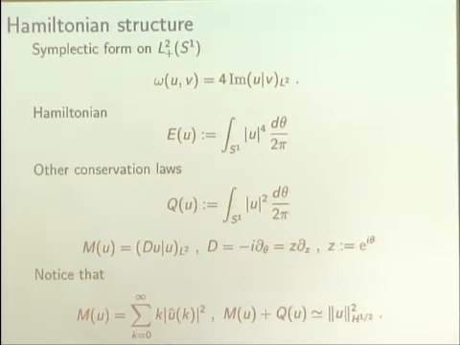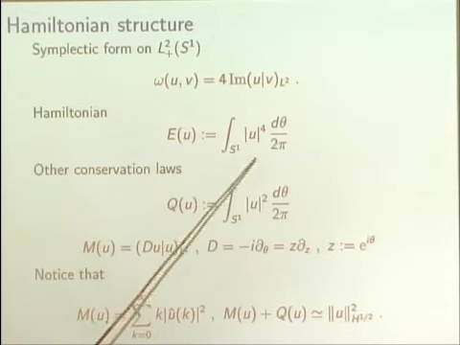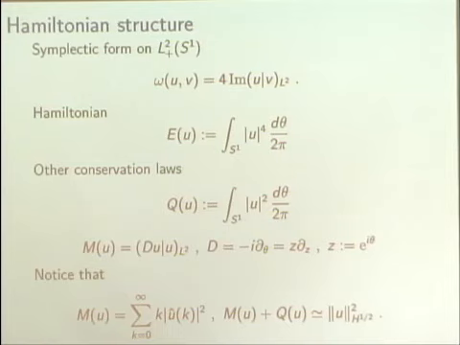If you introduce a symplectic form on L2 plus, which is just the imaginary part of the L2 scalar product, with some constant which is convenient for normalization but is in fact not really important, and if you look at the Hamiltonian, which is just the L4 norm to the fourth power, you get a Hamiltonian vector field, and the Hamiltonian evolution is exactly this one.